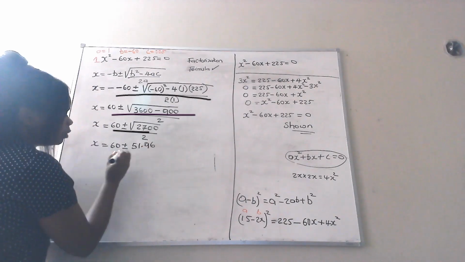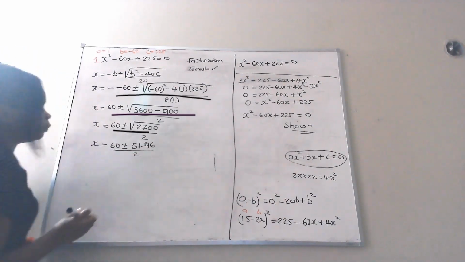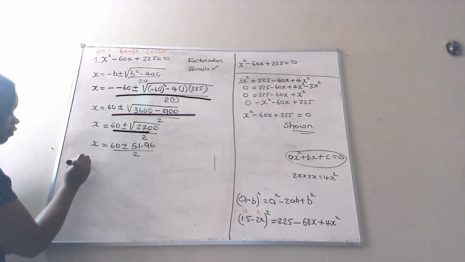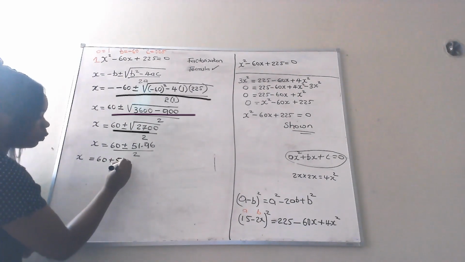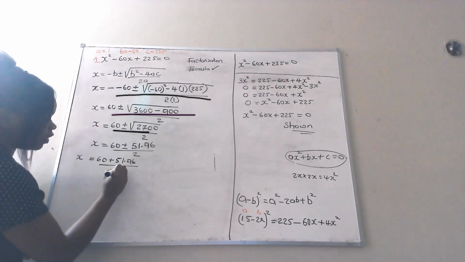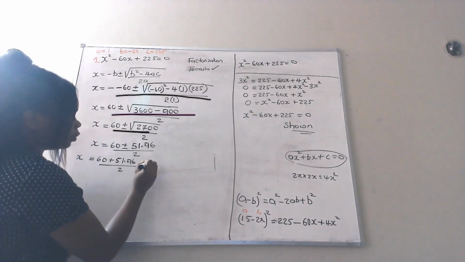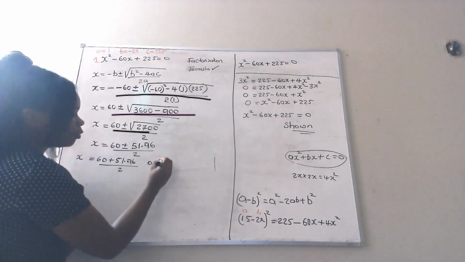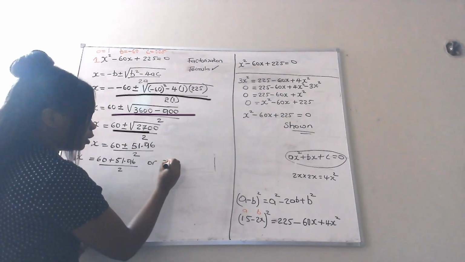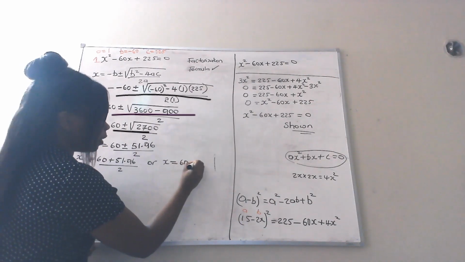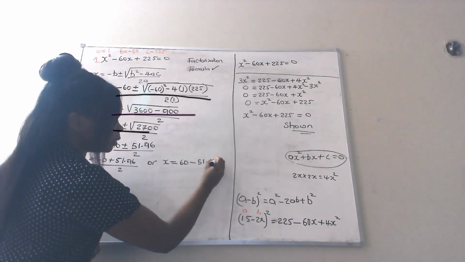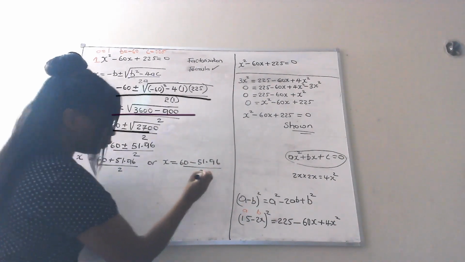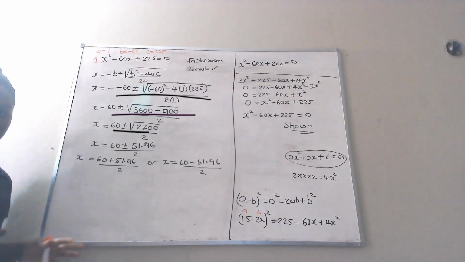Now let's find the square root of 2,700. 51.96 divided by 2. So we're going to have x is equal to 60 plus 51.96 divided by 2, or x is equal to 60 minus 51.96 divided by 2, because that's what plus or minus is.